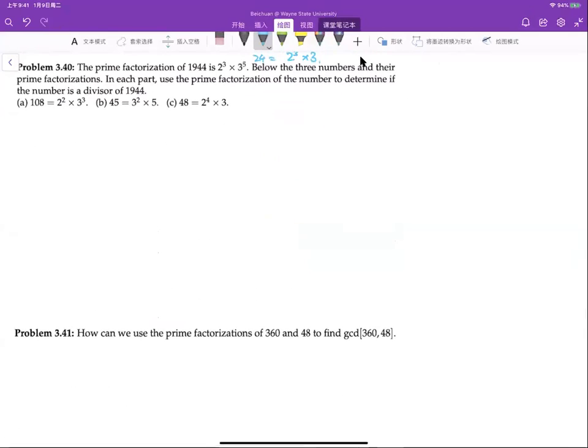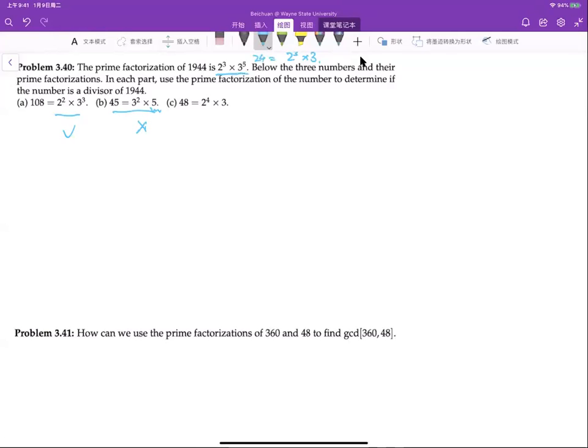The prime factorization of 1944 is given. We want to know if those numbers are divisors of 1944. Here we just need to check the same thing: is this prime factorization a part of the prime factorization of 1944? Clearly 108, yes, but 45 is not, because 5 is not a part of 2 cubed times 3 to the 5th.